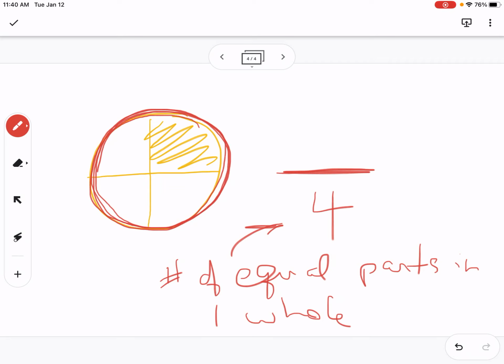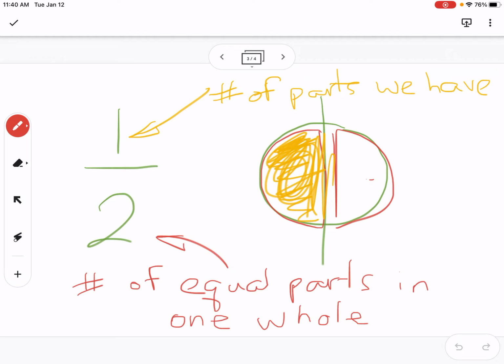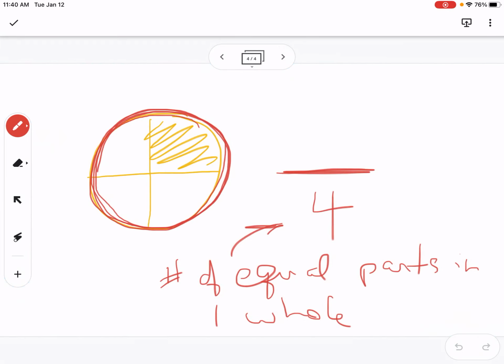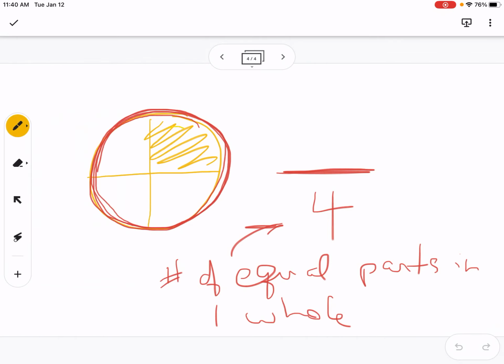What number goes on top? Well, we saw a moment ago that the number on top talks about the number of parts we have. So if I'm going to be eating the slice that's got the yellow shading in it, I am eating 1 slice out of the 4. So how many slices do I have? How many parts do I have? I've got 1.